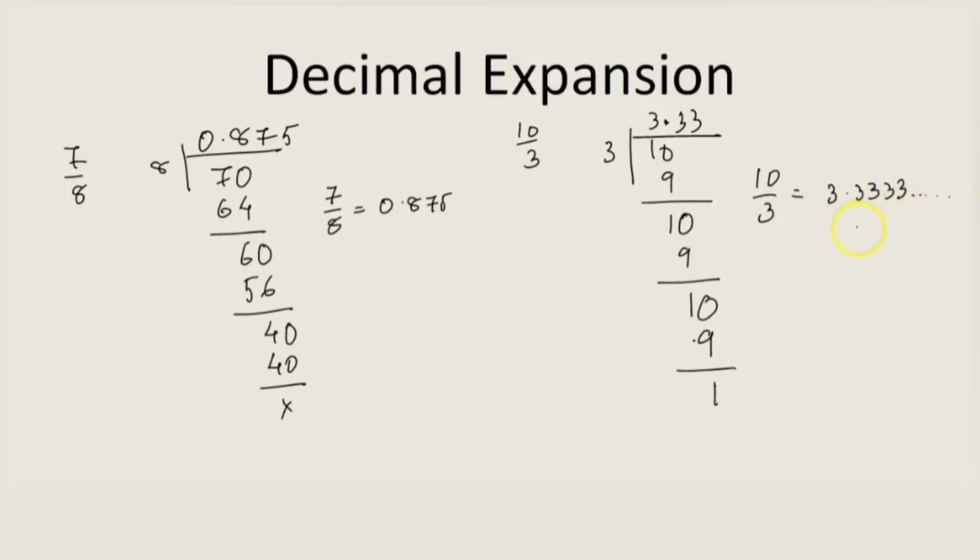This is an example of a recurring number, or you can write this number in the form 3.3 bar. I hope you understand how to expand in a recurring form.